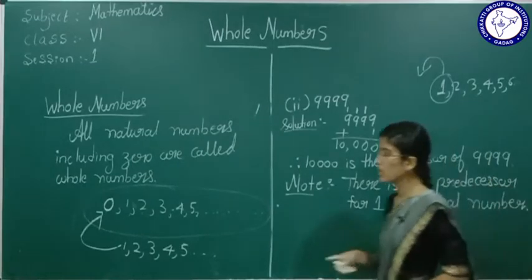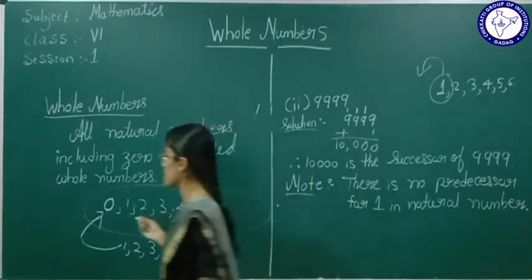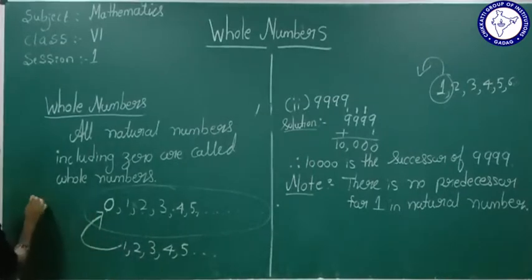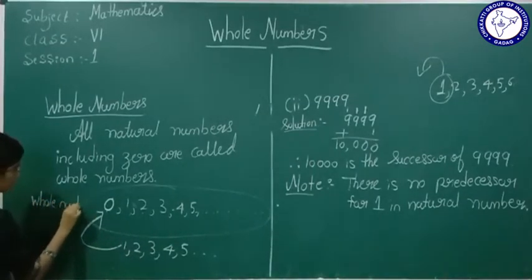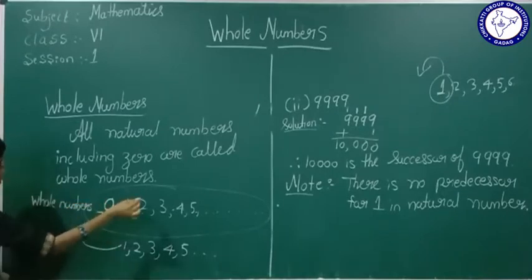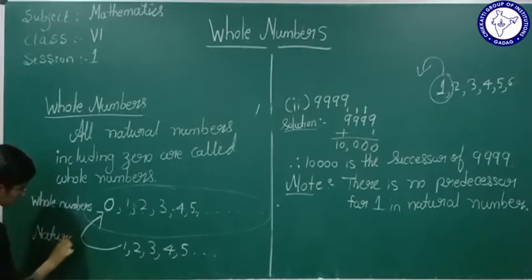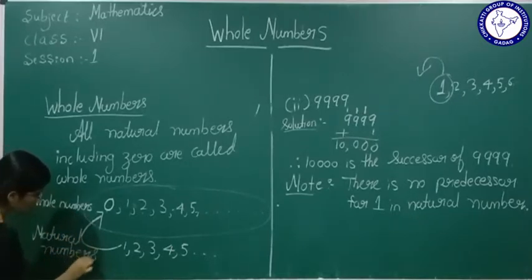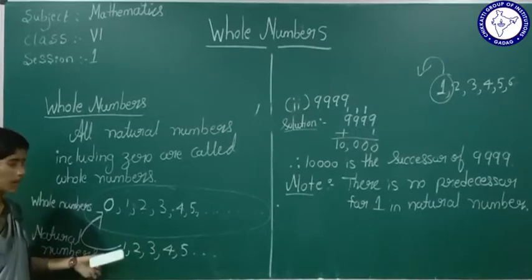See here, these are whole numbers, yes or no? Whole numbers start from 0, 1, 2, 3, 4. Natural numbers start from 1, 2, 3, 4, 5. Right?